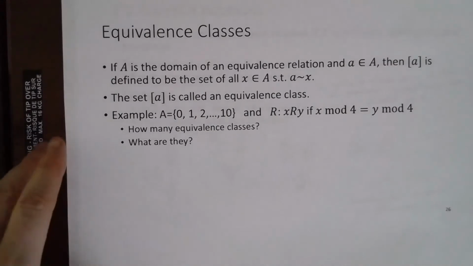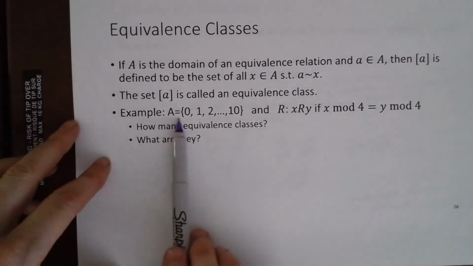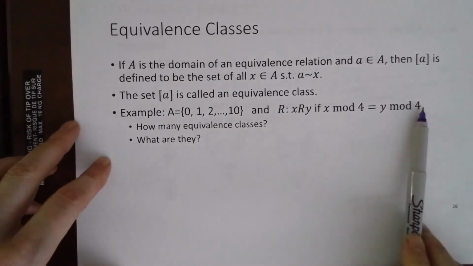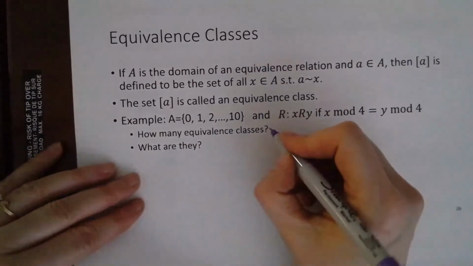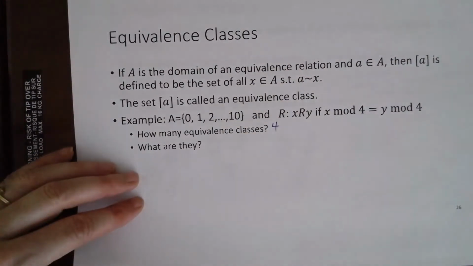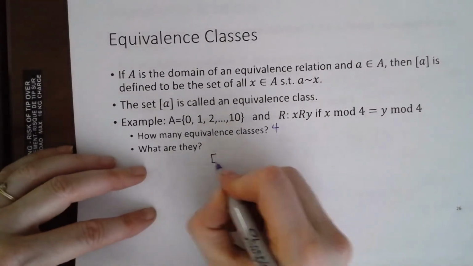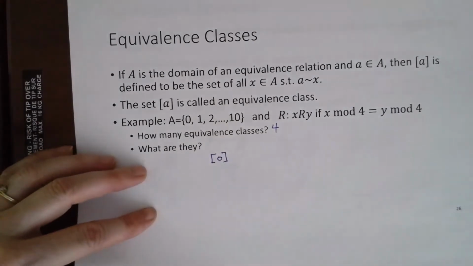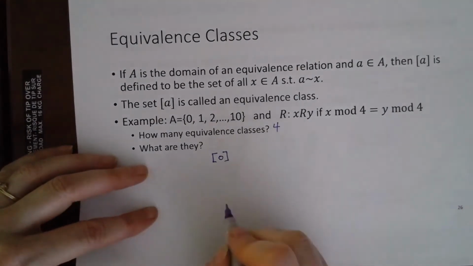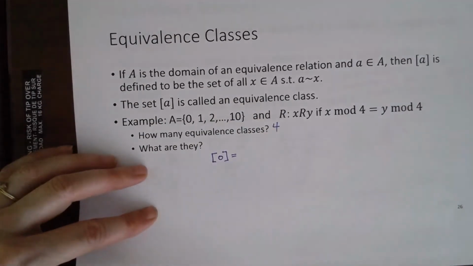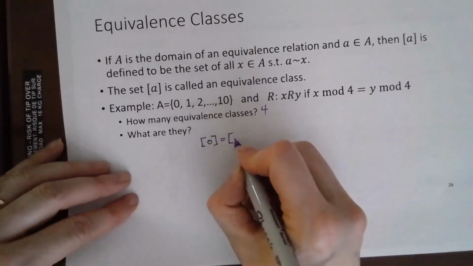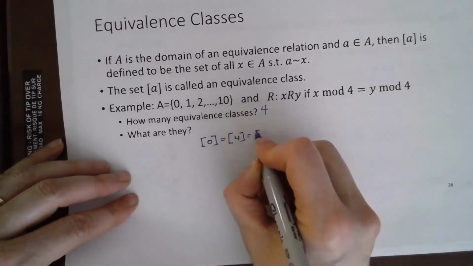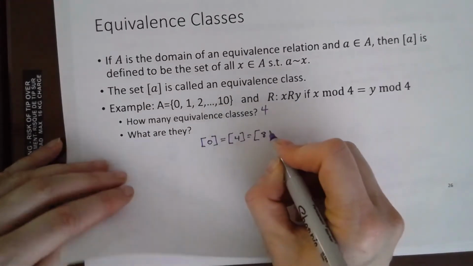Okay, so if we look at our previous example, with that set defined the same way, how many equivalence classes do we have? 4 of them. And what are they? Well, if I look at 0, this is exactly the same as the elements related to 4, and exactly the same as the elements related to 8.